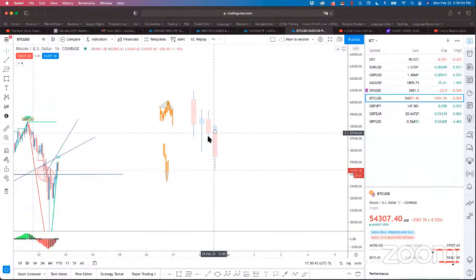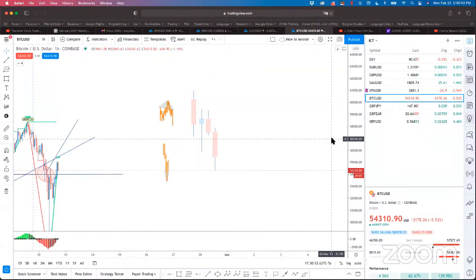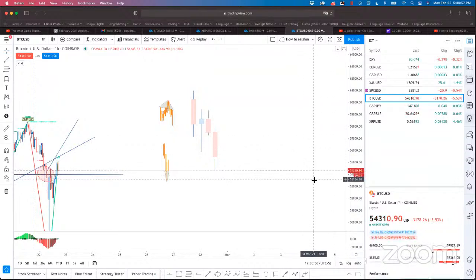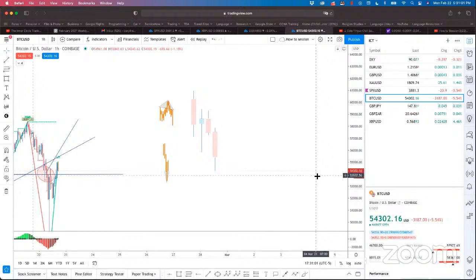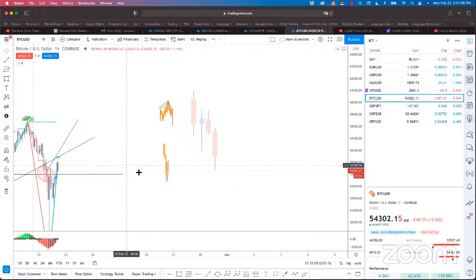So you said you entered in around 53. 53 was here, just a little bit above there after it created the low. It came back up and I went into it. Right.